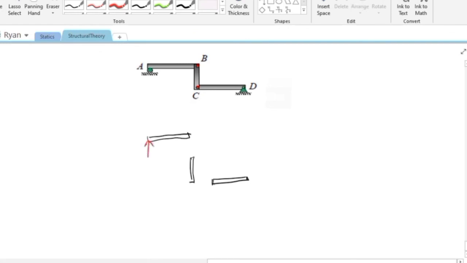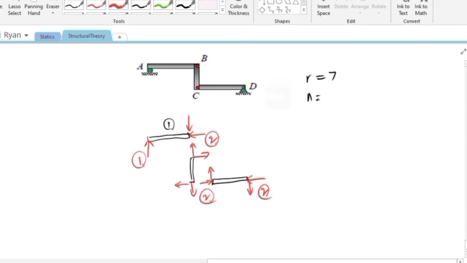Since this is a roller, we have internal hinge here, 2 reactions, and then here you have 2 reactions, and at point D you also have 2 reactions. So we have 1 reaction here, 2 reaction here, you have 2 reactions here, and 2 reactions here. So for the total number of reaction, R is equal to 7, and your N is equal to 3.